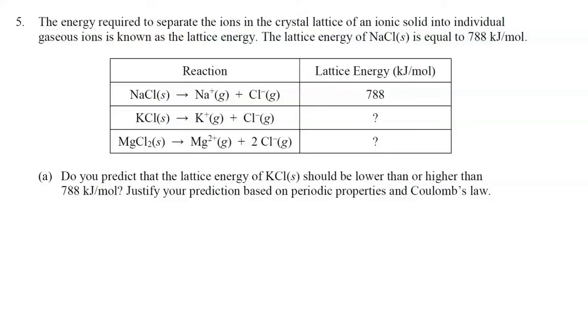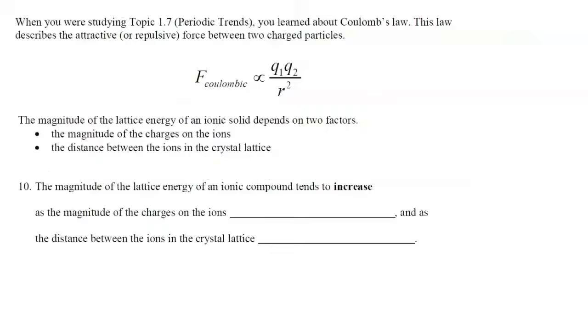So for each of these compounds, we're going to have to make a prediction if the lattice energy should be lower than or higher than 788 kilojoules per mole, and we'll have to justify our prediction based on periodic properties and Coulomb's law.